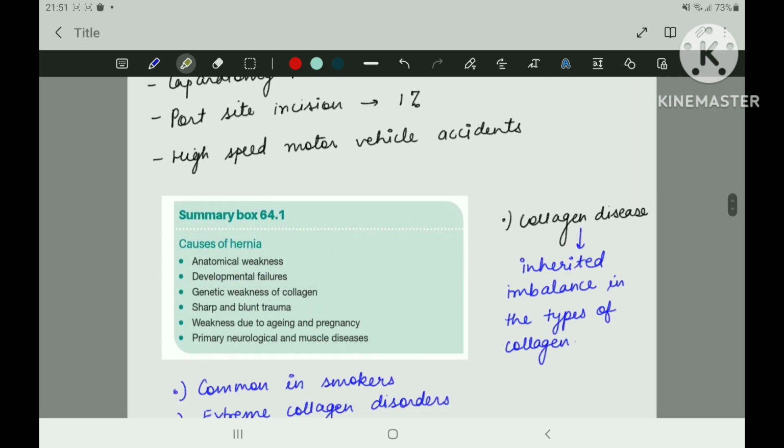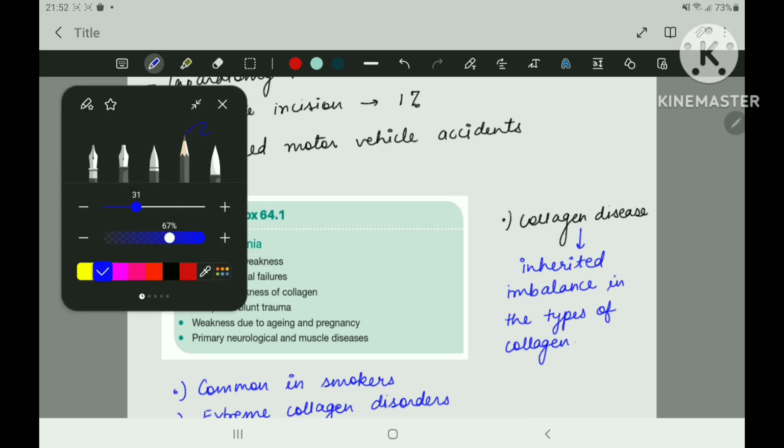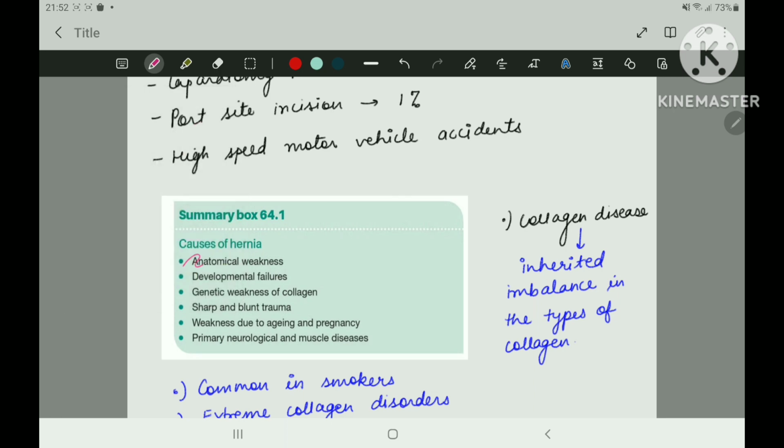So what are those causes, which are further divided into anatomical weakness, developmental failures, genetic weakness of the collagen, sharp and blunt trauma, weakness due to aging or pregnancy, or certain neurological and muscle disease.